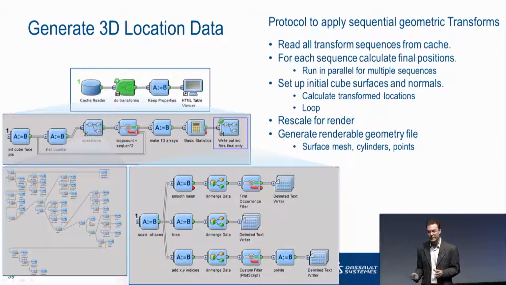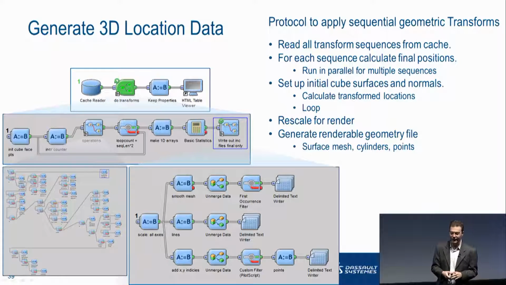In this case, it sets it up for rendering with the persistence of vision ray tracing application, and we generate a surface mesh for where the surface of this cube ended up, as well as some cylinders that highlight every 10th row or that sort of thing, and then points which are represented as spheres, which are stood off a little bit from the surface, along the normal to the surface at that particular point, or a little bit along the normal vector.